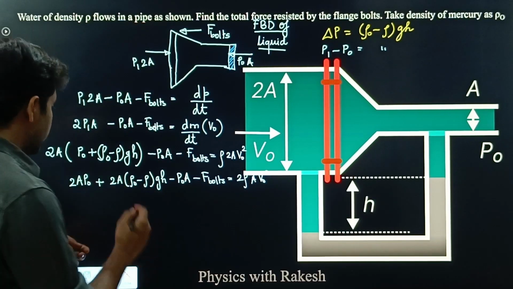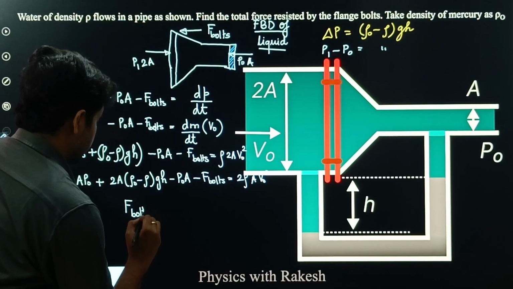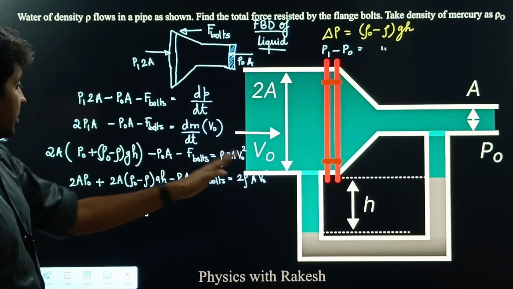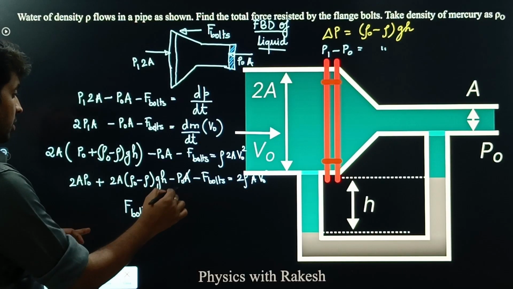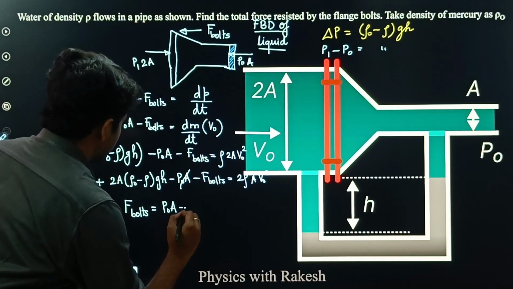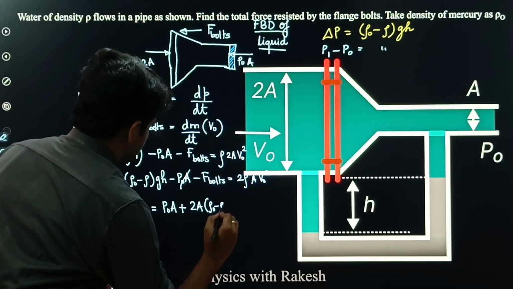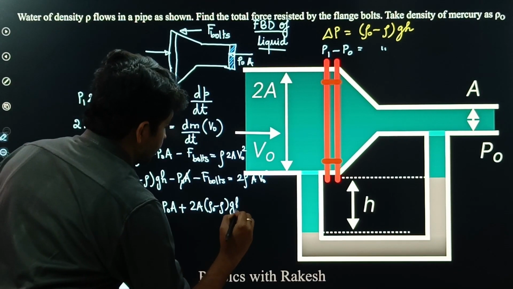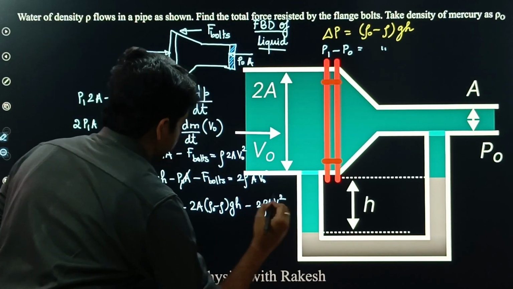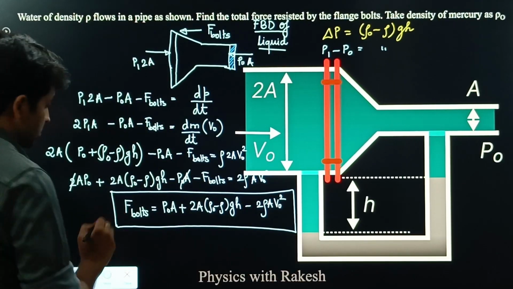Finally, if I write the final expression, F bolts is how much? We will take it this side. Here P naught A, one will get cancelled. So we get P naught A plus rho naught minus rho g h minus 2 rho A v0 square.